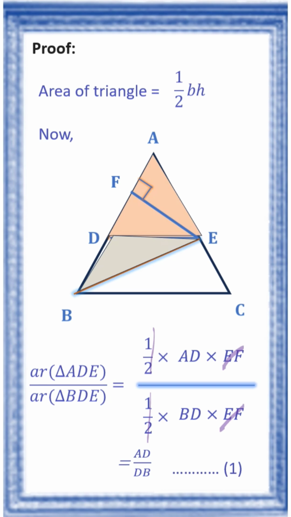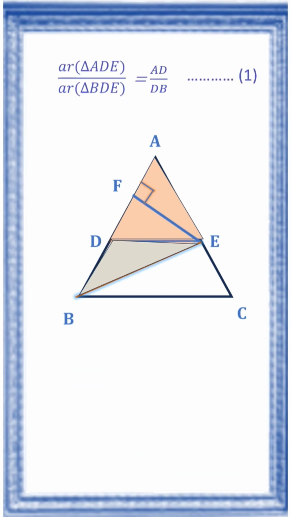Now let us have the triangles with the base AE and CE. For these two triangles, the perpendicular is DG. So now let us take the ratio of areas of AED and DEC.